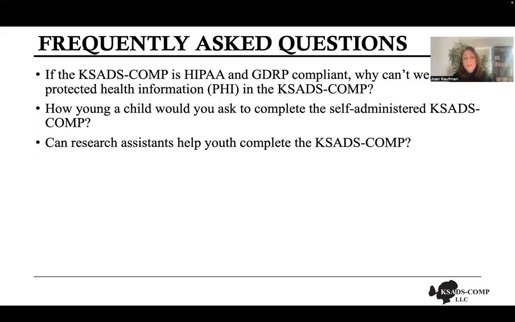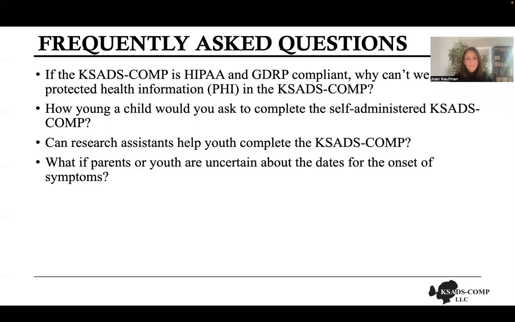Can research assistants help youth complete the KSADS-COMP? Absolutely. And that is what they ended up doing in the ABCD study. So that oftentimes it was done independently on site. And if youth had questions, they were there to sort of facilitate reading something or interpreting something.